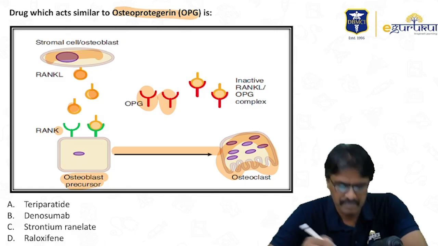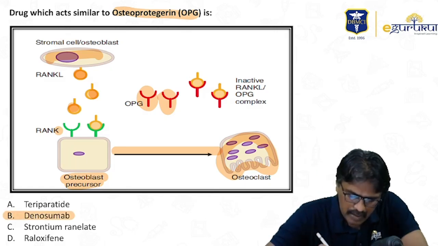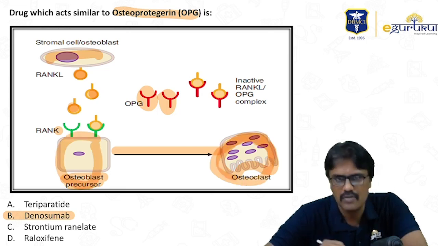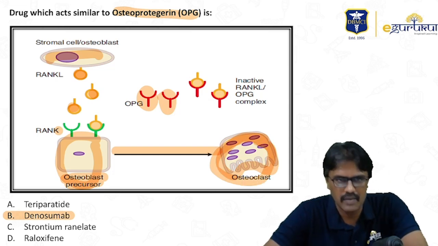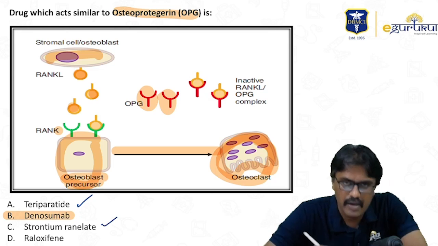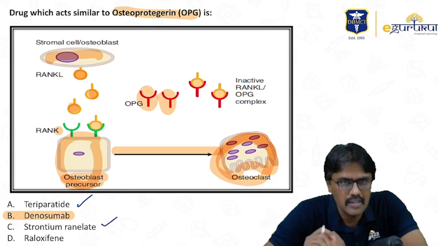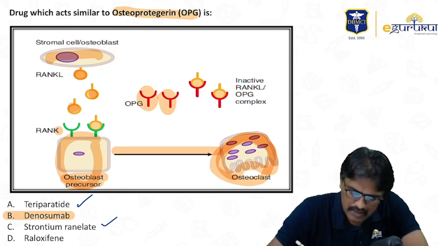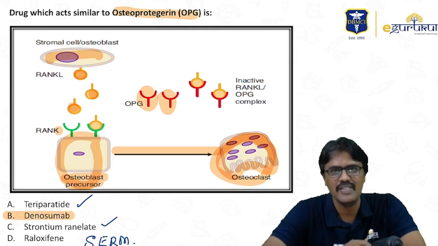It is none other than denosumab. So denosumab blocks this RANK ligand and it will not allow the osteoclast precursor to become an osteoclast, so it will not allow osteoclast activation. Teriparatide is an anabolic agent. Strontium ranelate's specialty is it can increase bone formation and decrease bone resorption. Raloxifene is a SERM which is approved for postmenopausal osteoporosis.